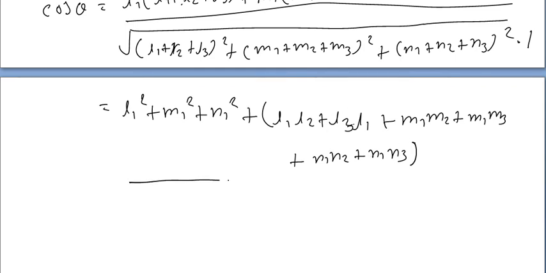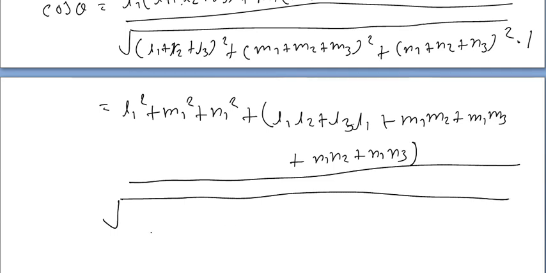And divide by root under summation L1 square plus summation L2 square plus summation L3 square, that is, L3 square plus M3 square plus N3 square, plus again 0.